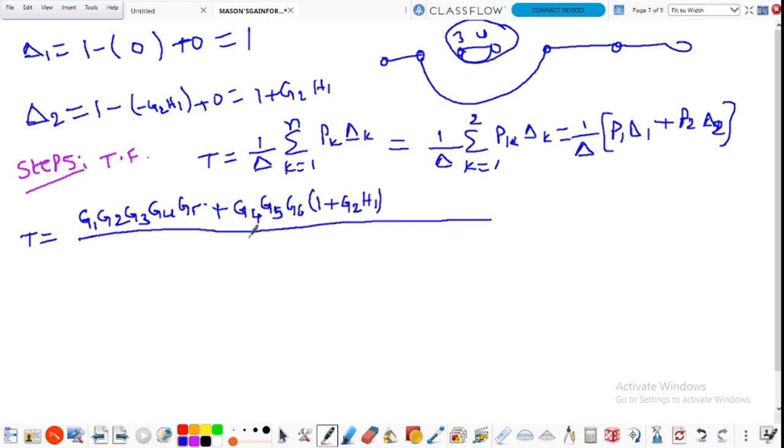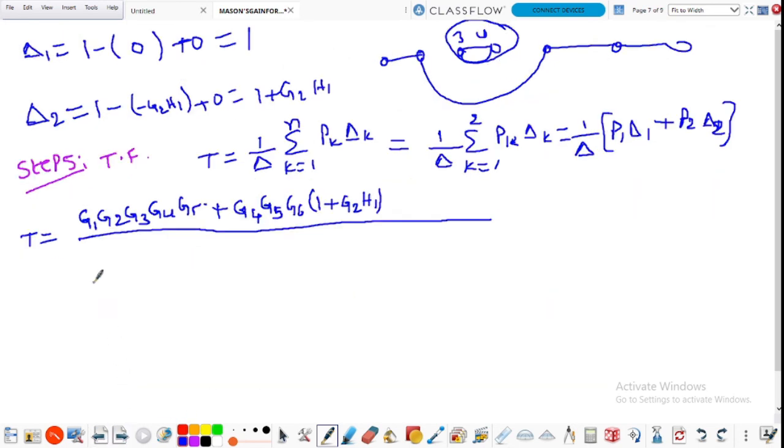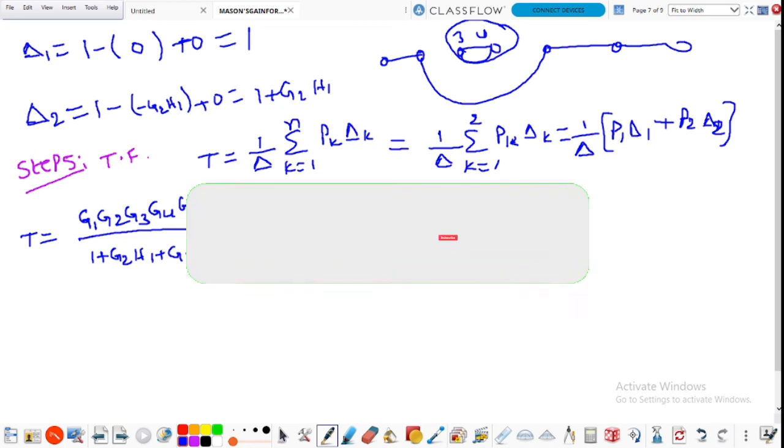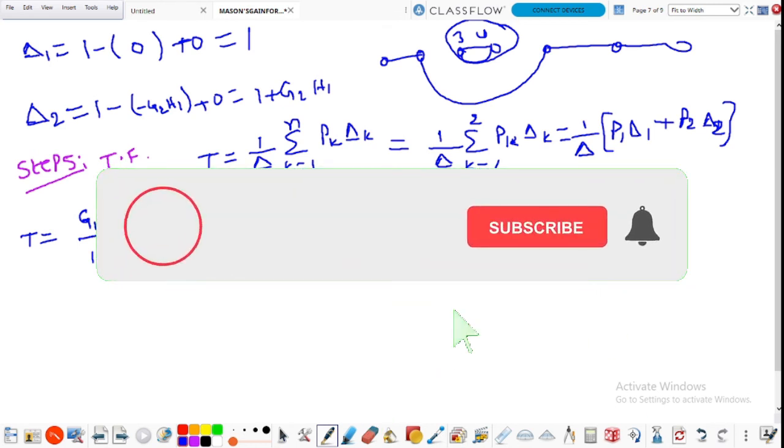What is the delta? And this is the delta value. 1 plus G2 H1 plus G2 G3 H2 plus G5 H3 plus G2 G5 H1 H3 plus G1 G3 G5 H2 H3.